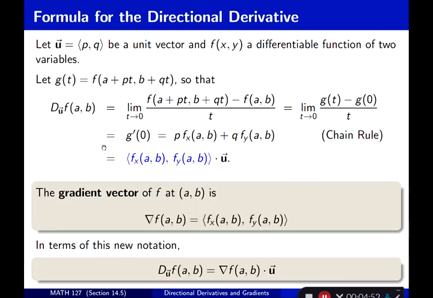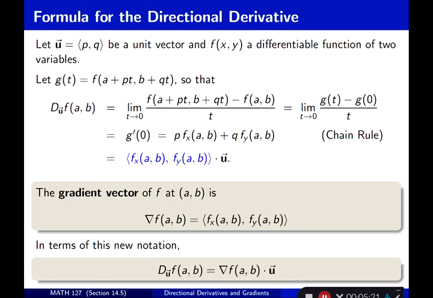And that's the gradient vector of f at a and b, with that nabla sign. It looks like an upside down triangle, basically one vertex down, because most people draw a triangle with one vertex up, so this is one vertex down instead.